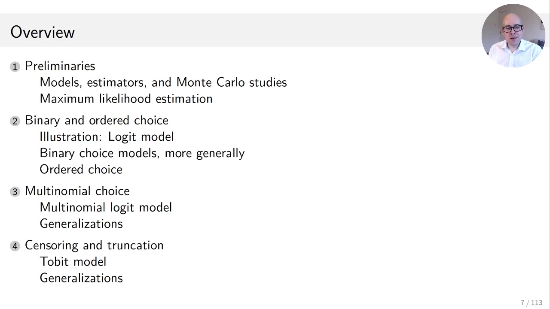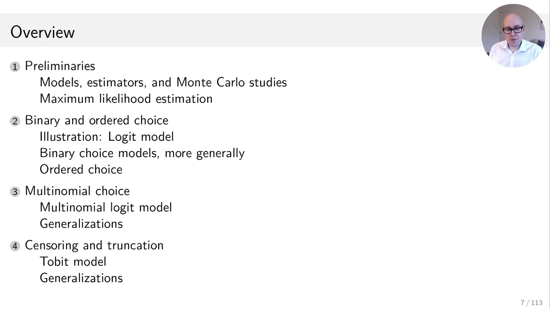So we're starting with some preliminaries. In the first item, models, estimators, and Monte Carlo studies, the aim is just to bring us all on the same page. And then I'm going to quickly review maximum likelihood estimation, because in fact, this is going to be the approach to estimation that we take in this first half of the course.